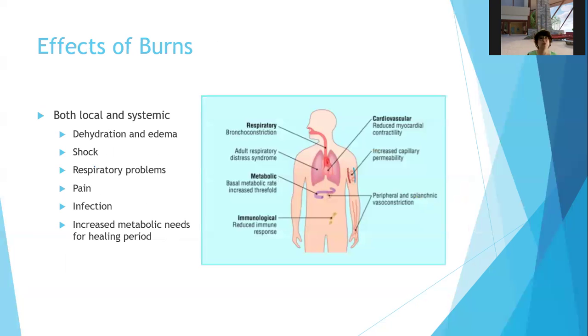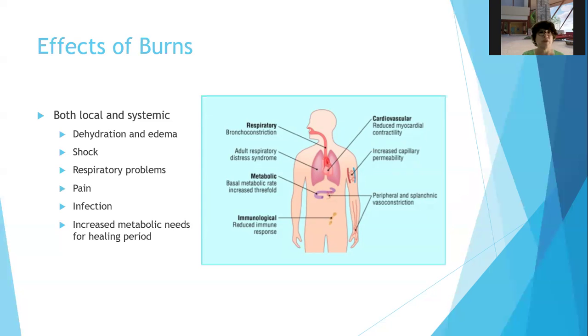So there are both local and systemic effects of burns. Dehydration and edema, because of disruption in the circulatory system. Shock. Anytime we talk about shock, it's always inadequate perfusion of oxygenated blood for whatever reason. There are lots of different things that cause that, but in this case, it's because the blood vessels were damaged.